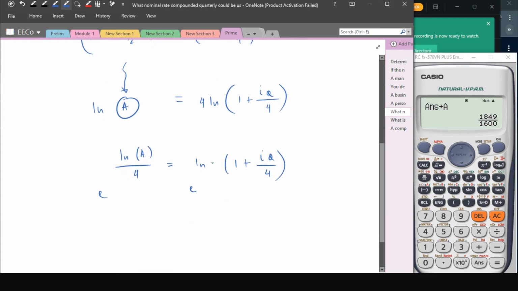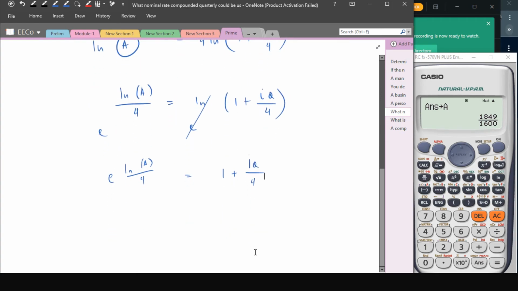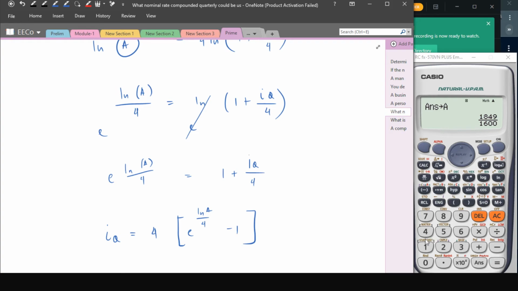So, e, cancel na to. e raised to ln of A divide by 4 is equal to 1 plus i_q over 4. So, lipat ko yung 1 sa kabila. So, this will become i_q is equal to 4 times e raised to ln of A divide by 4 minus 1. Yun na yung answer niya. Anong answer? So, 4.